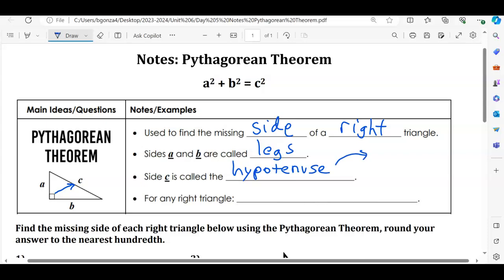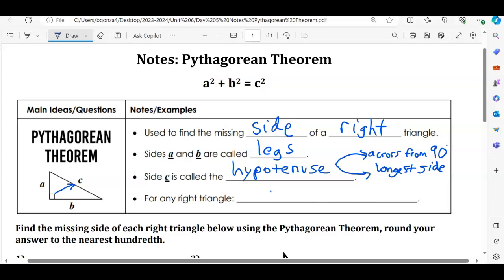All right, let's actually write that down off to the side here. So the hypotenuse is across from 90 degrees, and it is the longest side. So whenever you have three numbers, the biggest number goes to the hypotenuse, across from 90 degrees.